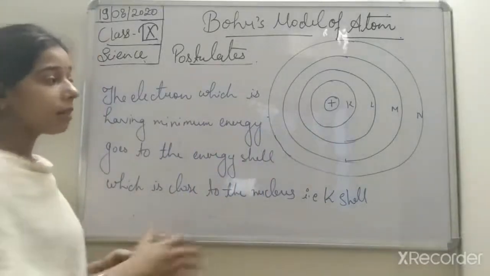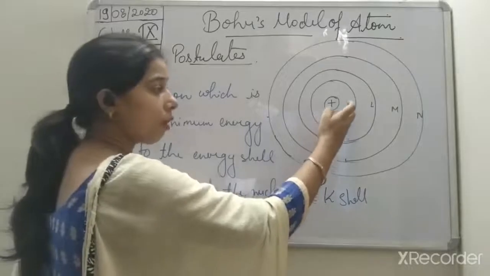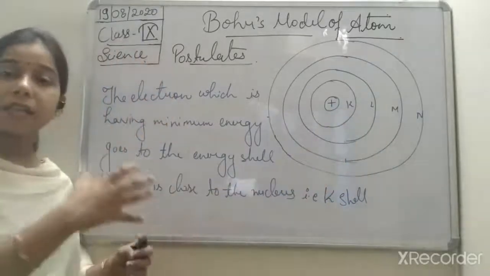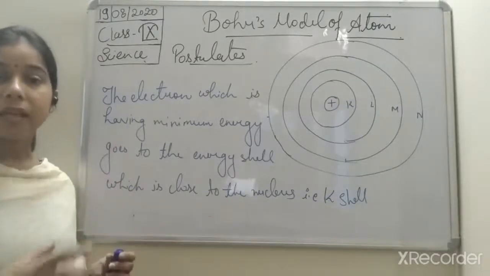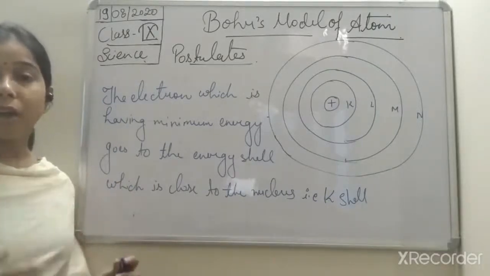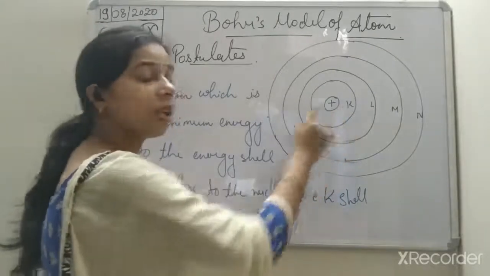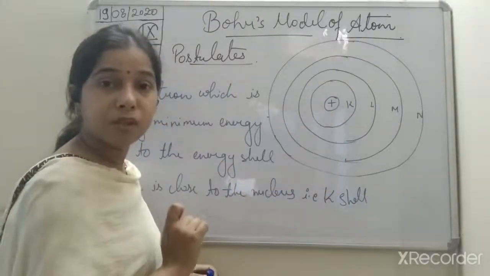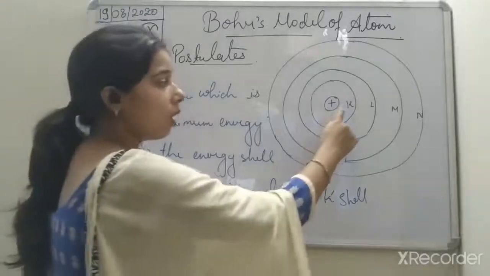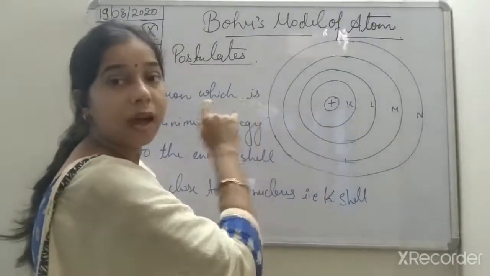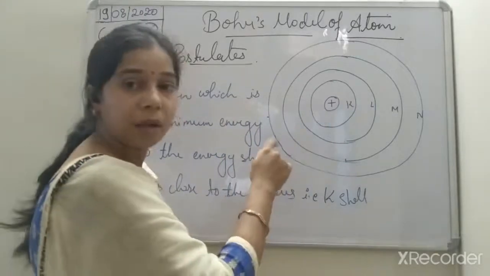Now as the electrons start moving from K shell to L and M, it means that as the electron energy increases, it starts moving far from the nucleus. Okay, so try to understand it again. If an electron is having the minimum energy, it will go to the shell which is near to the nucleus, and that is the K shell, right?